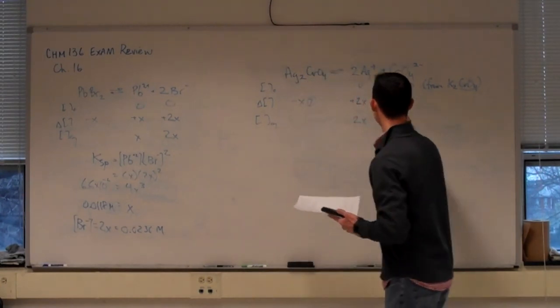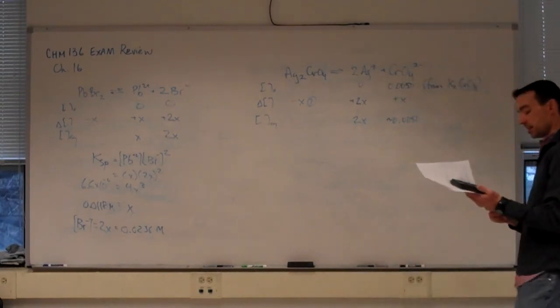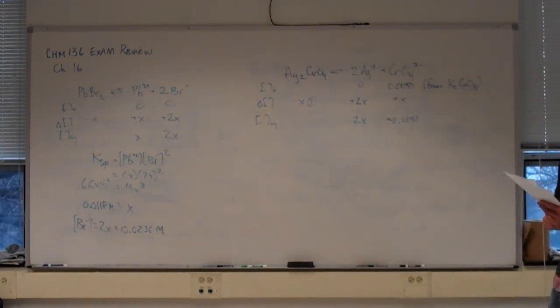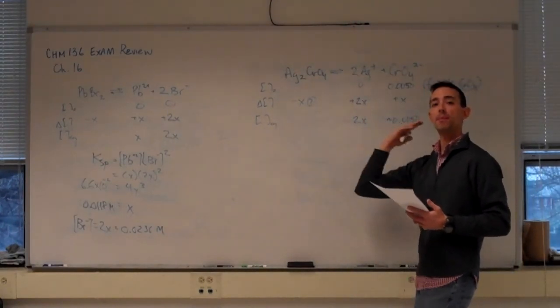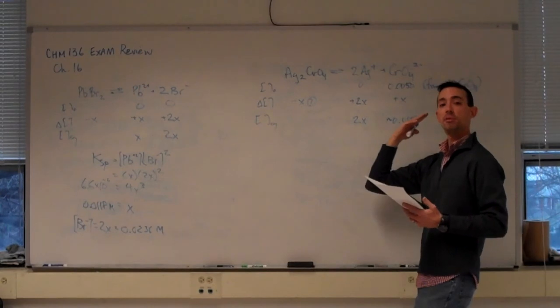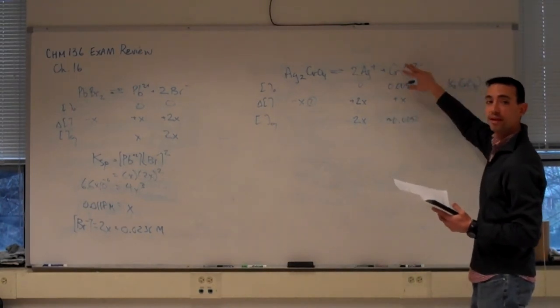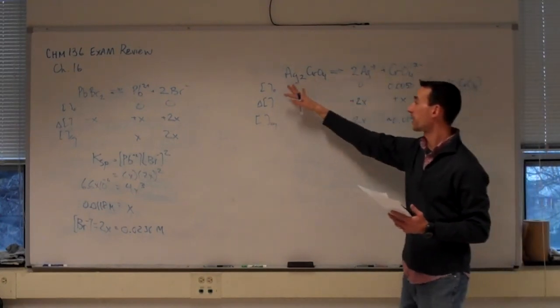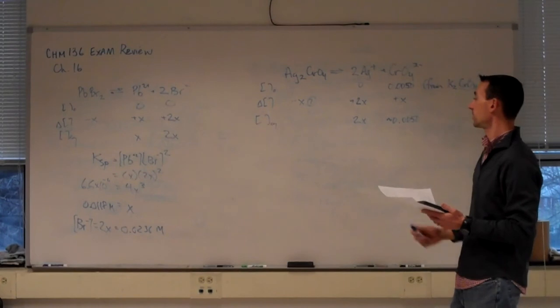So 2x for silver, but the effect here of the common ion being present is that the equilibrium will be decreased. We won't be able to come as far to the product side because we already have a certain amount of chromate ion here. So this reaction will be limited in how much additional chromate it can make.